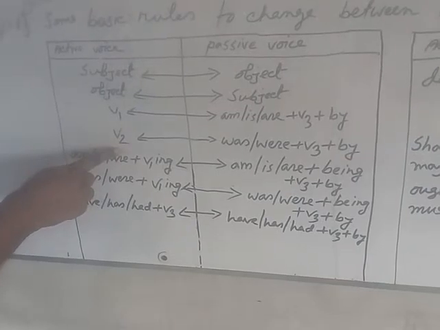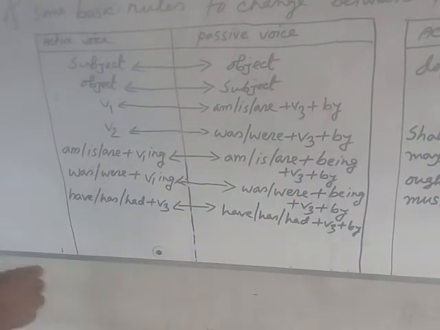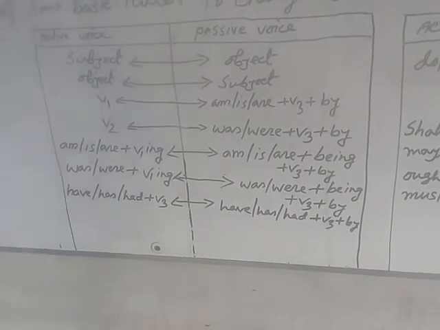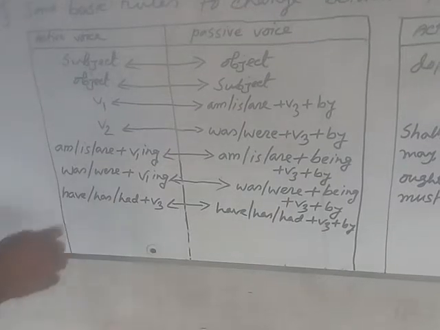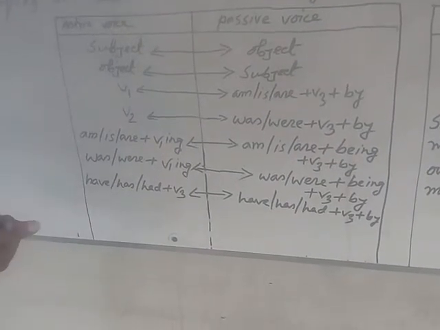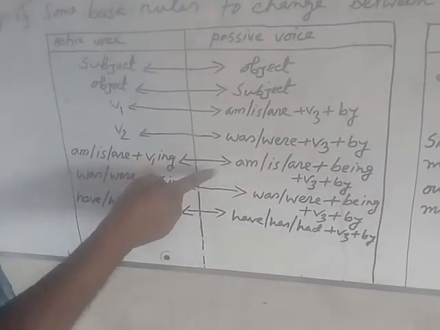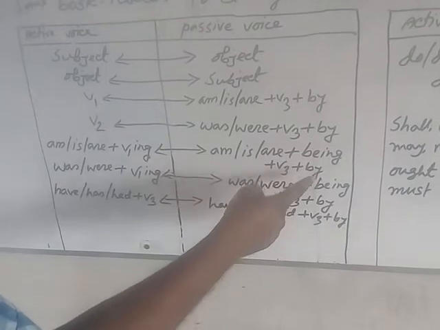Verb 2 will be changed into was were plus verb 3 plus by. In this way, am is are plus verb 1 plus ing, that means continuous tense, will be changed into am is are plus being plus verb 3 plus by.